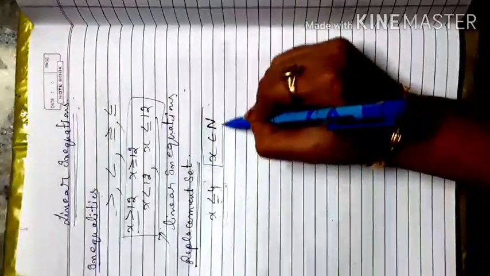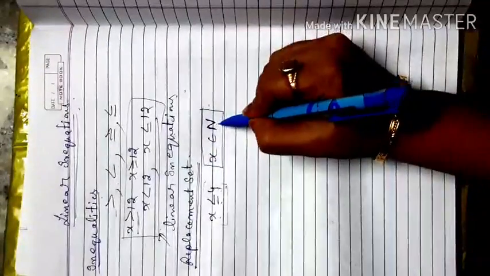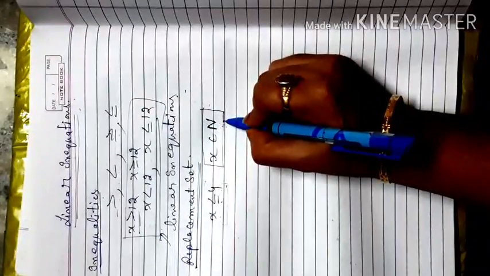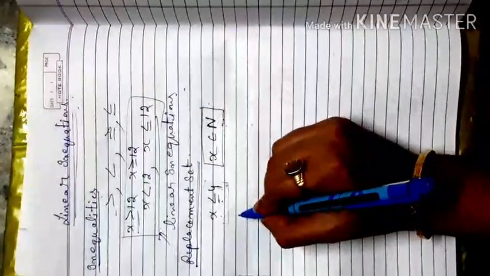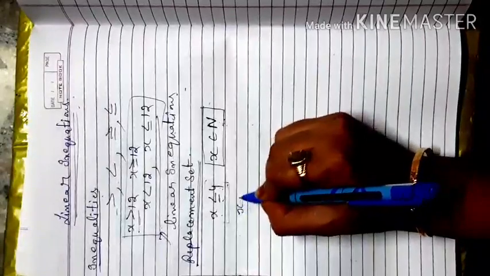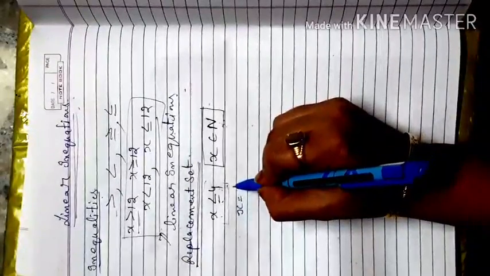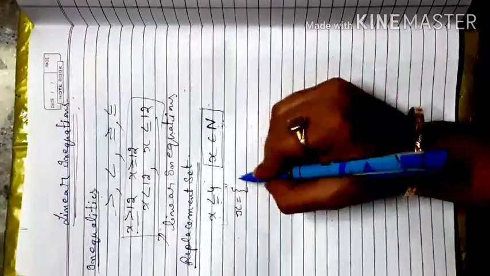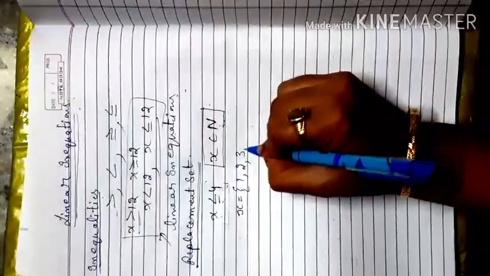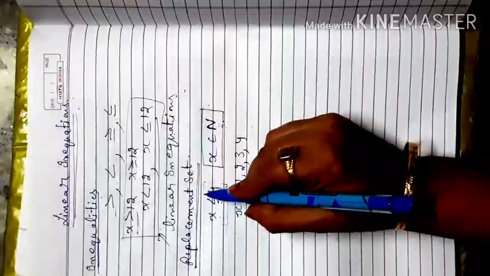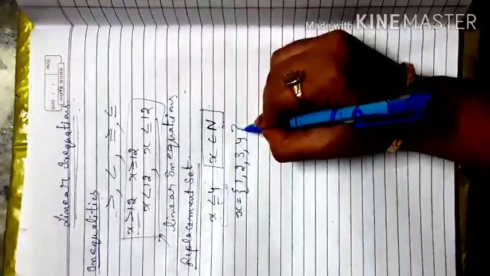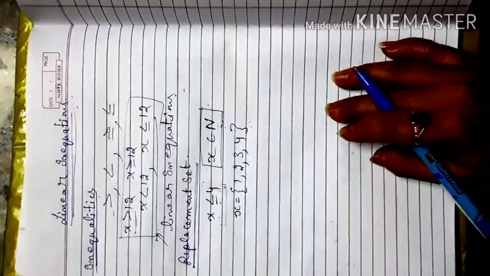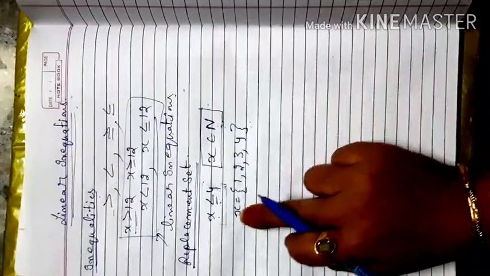In this case, N is our replacement set, our universal set, and according to that, the solution set is x equal to the natural numbers 1, 2, 3, 4. If the condition is x less than or equal to 4, then only 1, 2, 3, 4 will be included as the solution set of x.